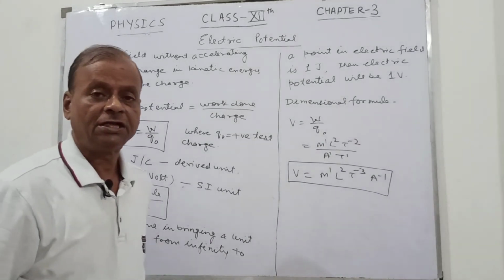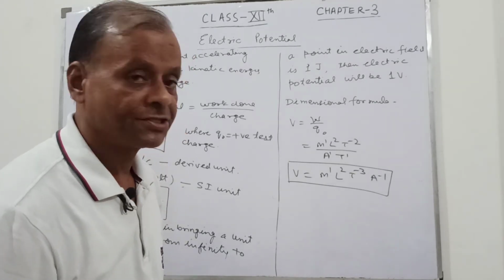Generally the electric potential of the Earth is taken to be 0.